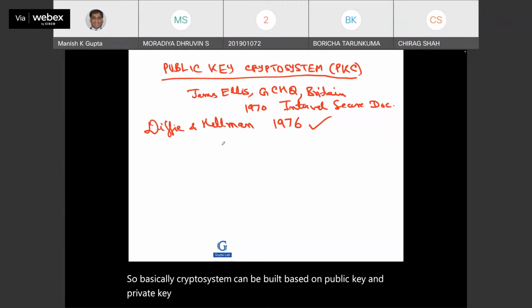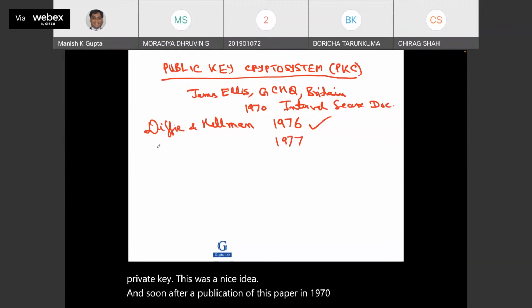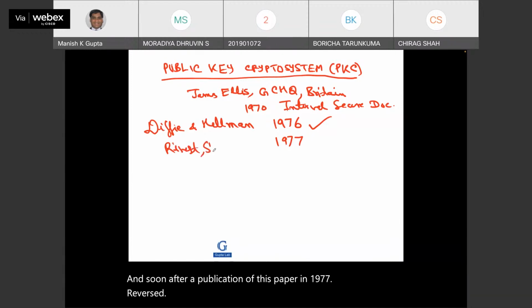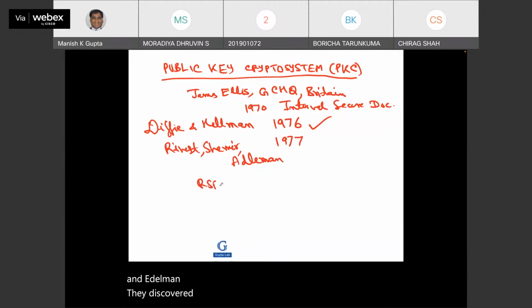This was a nice idea. Soon after publication of this paper, in 1977, Rivest, Shamir, and Adleman discovered the RSA crypto system, and they formed a company, and now everything is history.